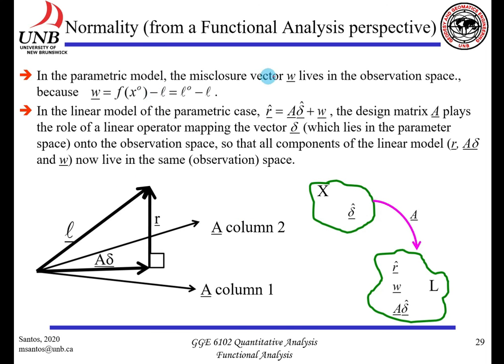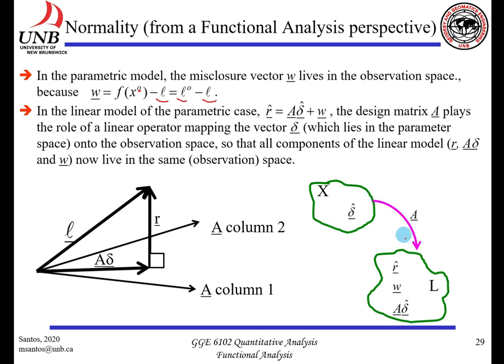So in the parametric model, the misclosure vector W lies in the observation space, because the misclosure is a difference between the functional model evaluated with a point of expansion and the vector L. We can call these L sub 0 and L. In the linear model, the parametric case, the design matrix A plays the role of the linear operator mapping vector delta, which lies in the parameter space, onto the observation space.